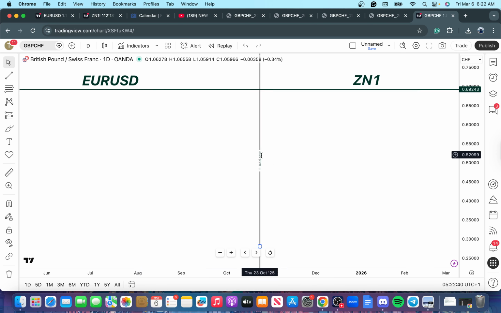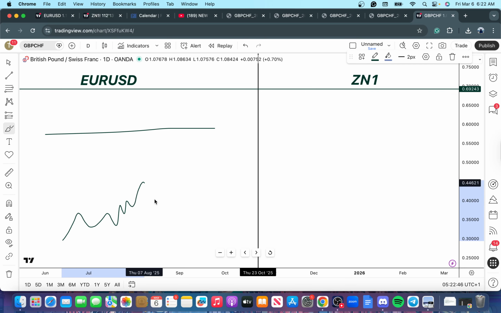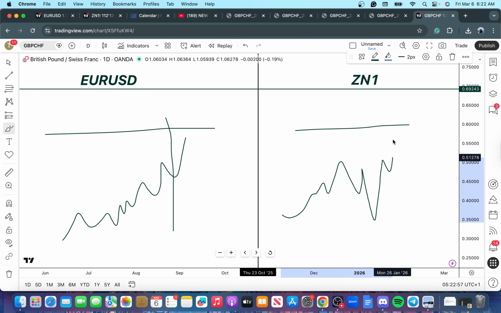So if we have a clear buy side liquidity pool on Euro Dollar, and we're expecting Euro Dollar to trade up into that buy side liquidity pool, what we do not want to see is a clear sell side liquidity objective. You can see those are clear on here.